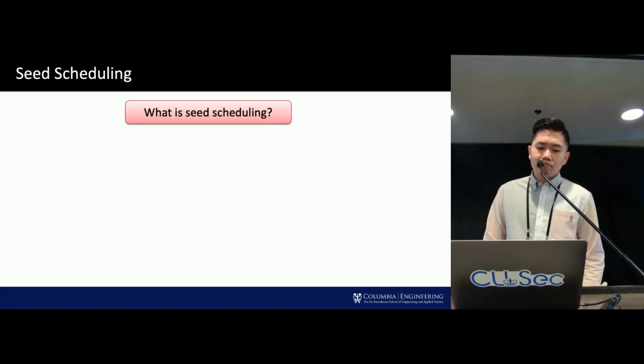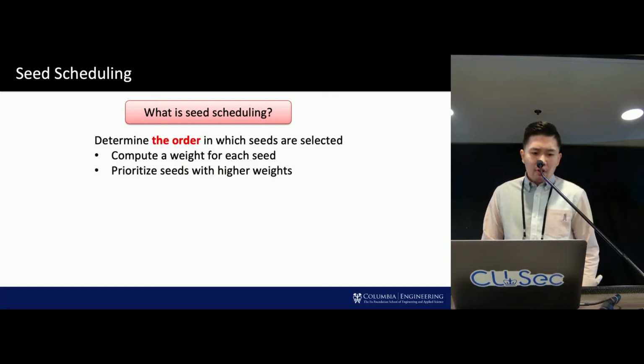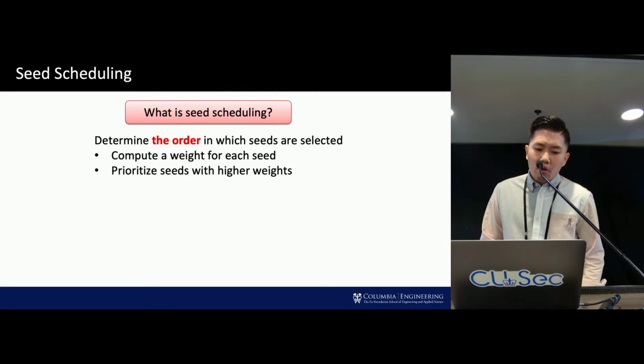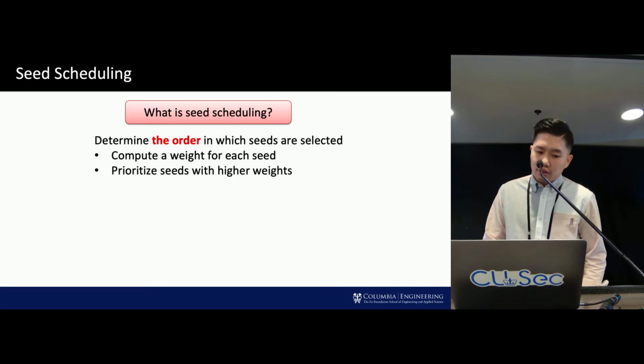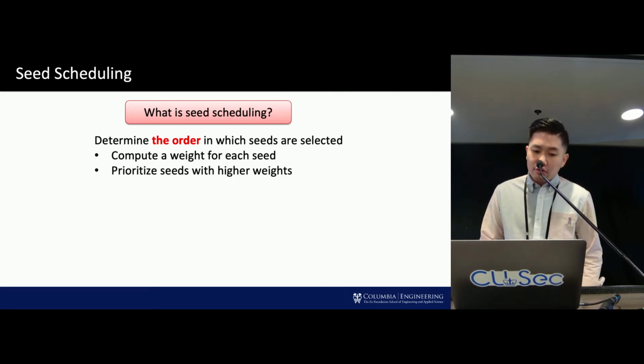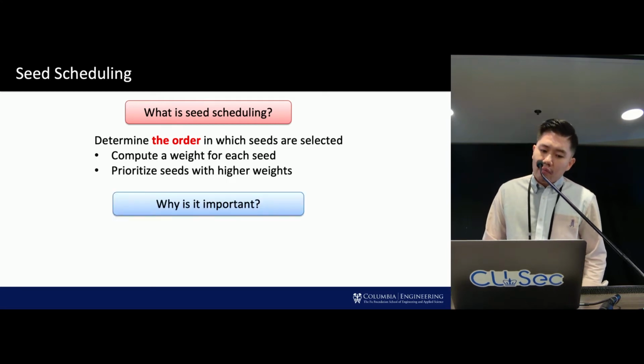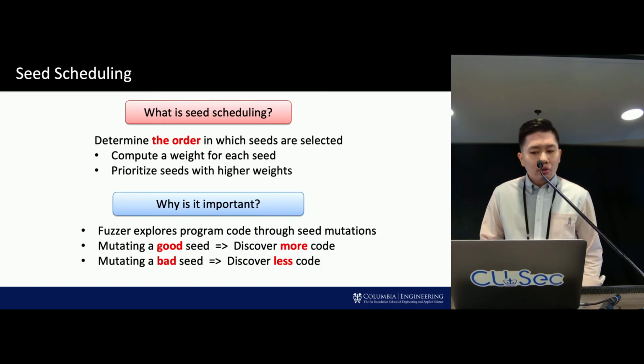Seed scheduling. So what is seed scheduling? It determines the order in which seeds are selected. Specifically, it will compute a weight for each seed. Then it prioritizes seeds with higher weight. Then why is it important? Because fuzzing aims to explore new code through seed mutations.